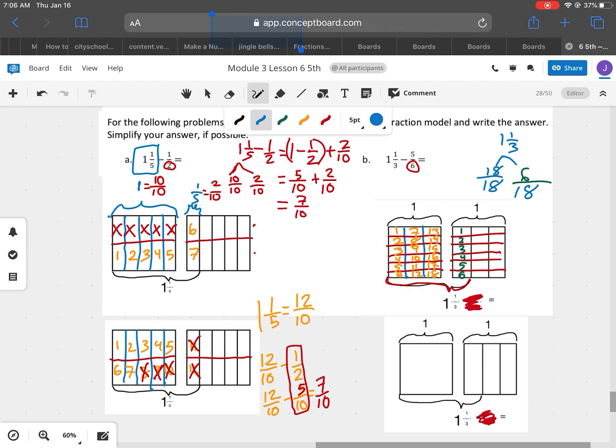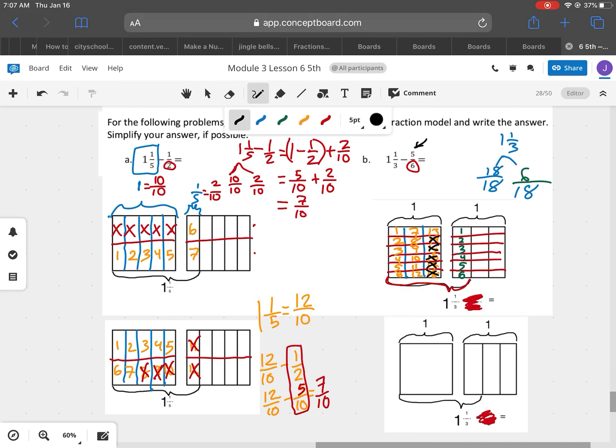So now I'm going to subtract my 6, or excuse me, my 5. I'm going to subtract the 5 right here from the 18. I'm going to get 1, 2, 3, 4, 5.